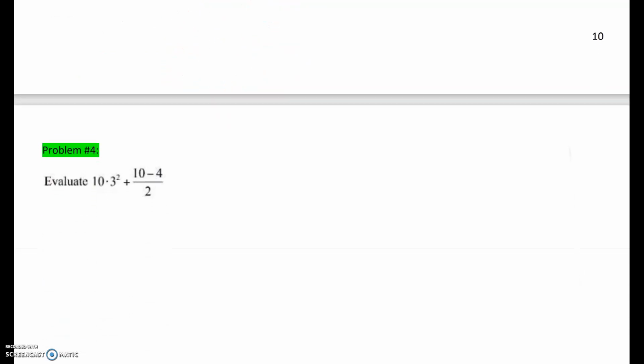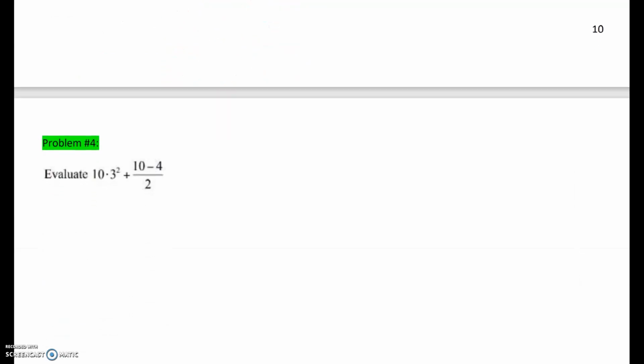Let's take a look at problem 4. Problem 4 also looks messy. On problem 4, we could do the exponents here, and then you could also do the fraction on the top. Technically on the top you have an actual parentheses which is invisible. That means that you have to take care at some point of that 10 minus 4. So in this case, this is equivalent to the value of 10 times the value of 9.